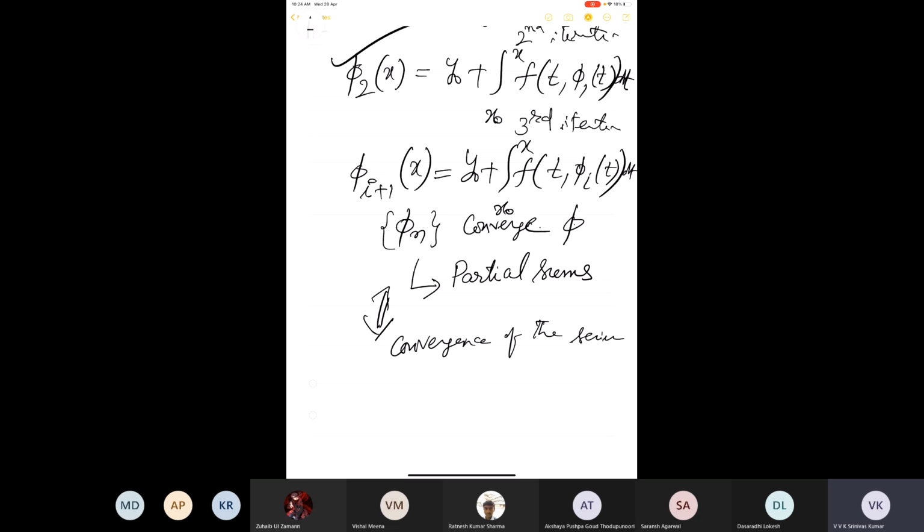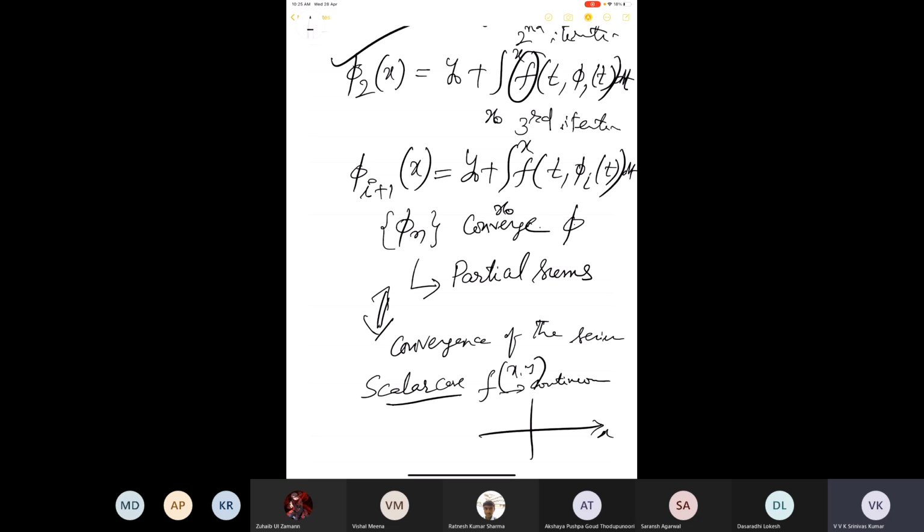So how to write the partial sums and so on? All these convergence results we have studied, and this is the scalar case. Now the question is, what are the conditions on f? f should be continuous. f is a function of x and y.